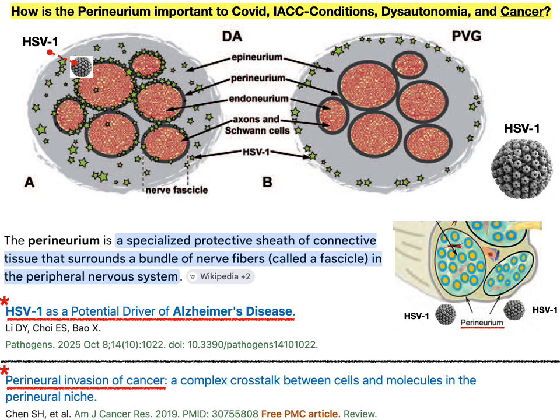So in the final slides of this YouTube, I would like to discuss this interaction of malignant cells with the perineurium. Draw your attention to this review from 2019, Perineurial Invasion of Cancer, a complex crosstalk between cells and molecules in the perineurial niche.